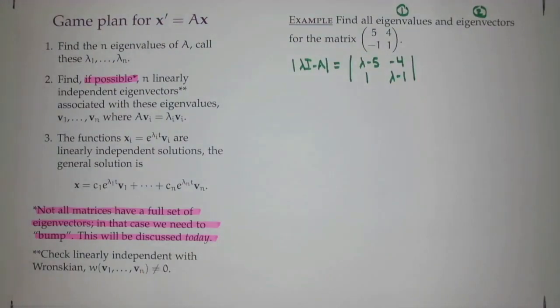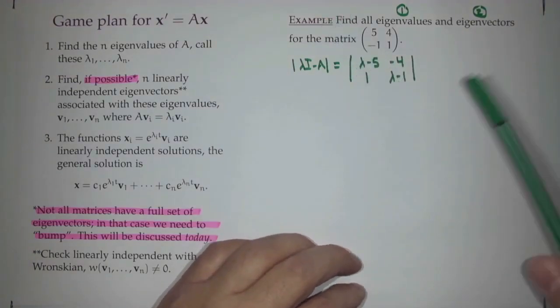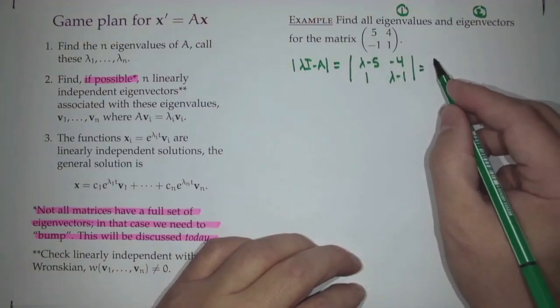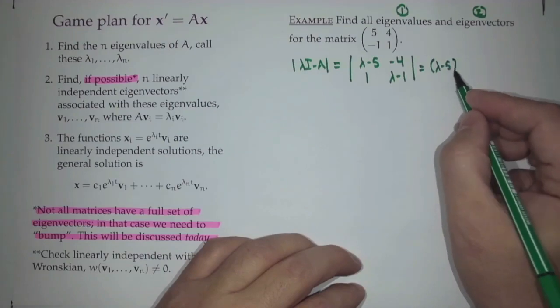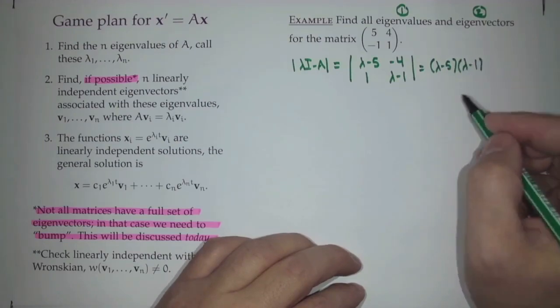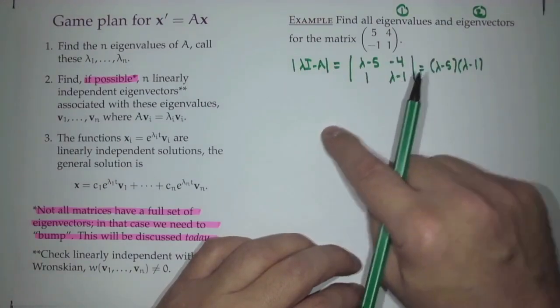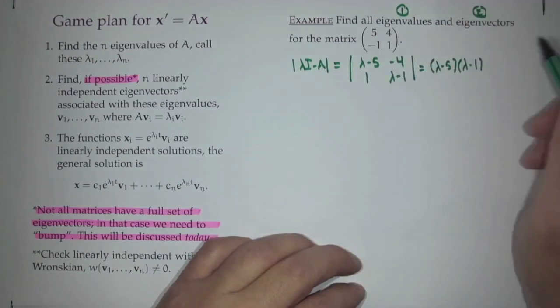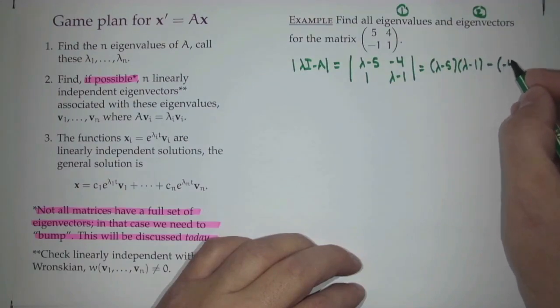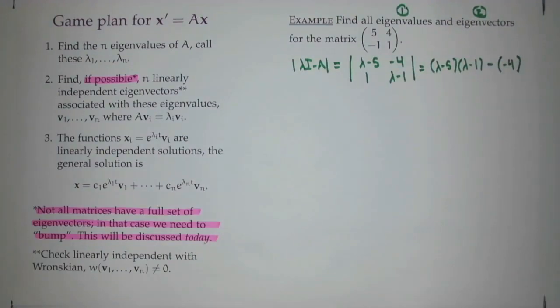Well, okay, 2 by 2 matrix, that's not too bad. So you multiply down the diagonal. So that'd be lambda minus 5 times lambda minus 1. And then subtract, multiplying on the other diagonal. So subtract minus 4. All right.